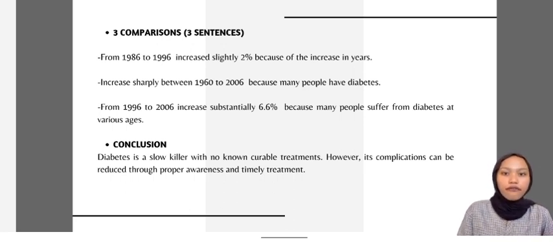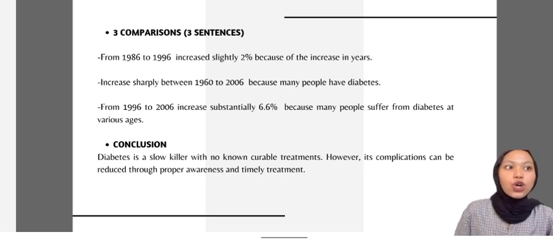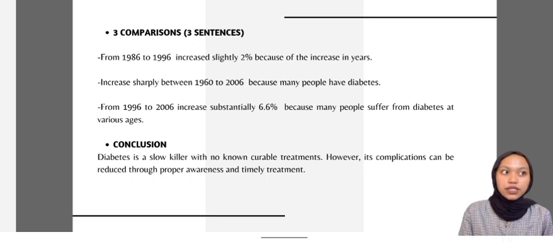Lastly, from 1996 to 2003 it increased substantially by 6.6% because many people suffer from diabetes at various ages. So the conclusion on the line graph is that diabetes is a slow killer with no curable treatment. However, its complications can be reduced through proper awareness and timely treatment.